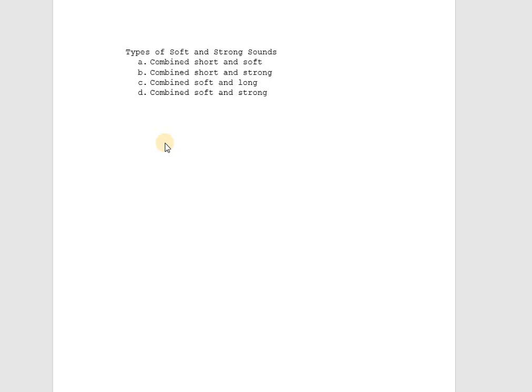These are the 4 most important rules: the soft, the strong, the short, and the long sounds. Once you identify those, I tell you, you have covered 75, 80, 85% of writing Oromo. The others are really simple. These are the most important key to understanding how to read and write Oromo.